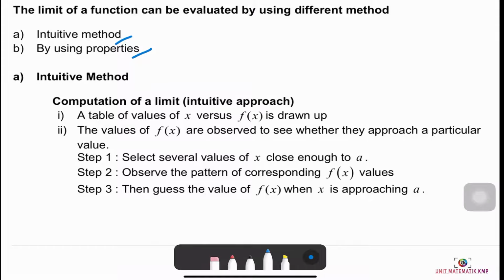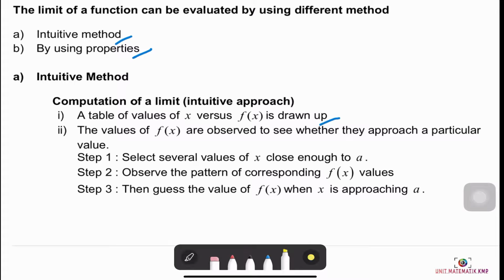So for intuitive methods, computations of limit. First, a table of values of x versus f(x) is drawn up. Second, the values of f(x) are observed to see whether they approach a particular value.